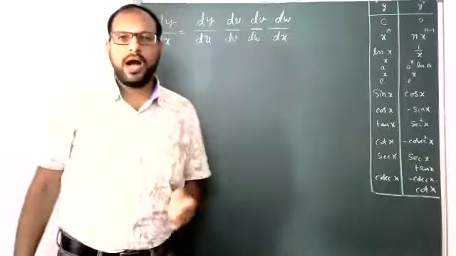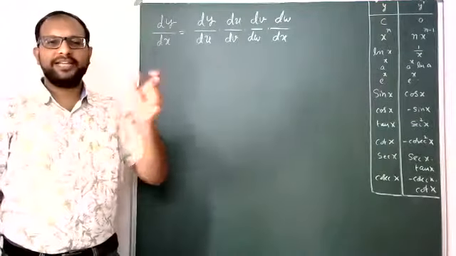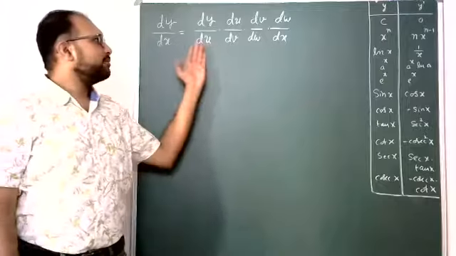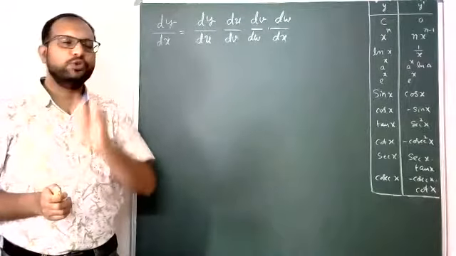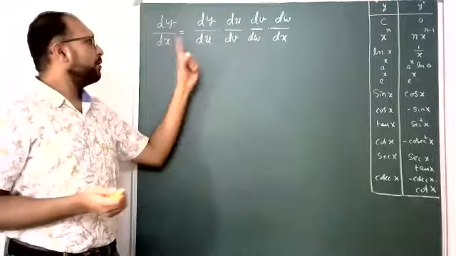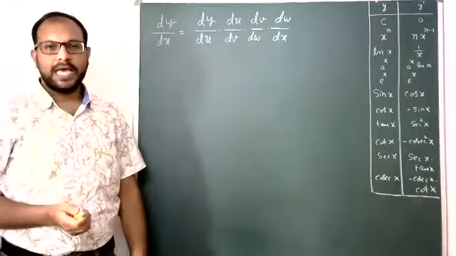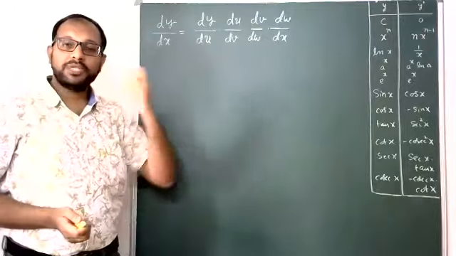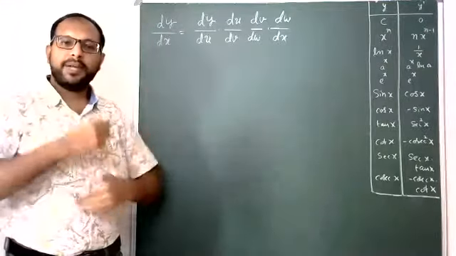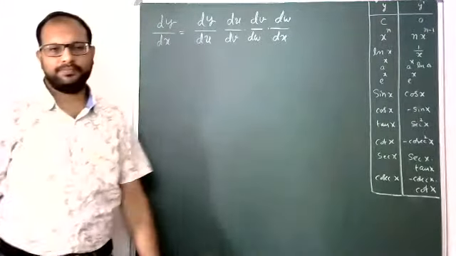Like that, however many chains are required, that many you can use. Some problems require only 2 terms, the first and the last. Some problems require 3. Some problems require 4. Some problems require more than 4 also.